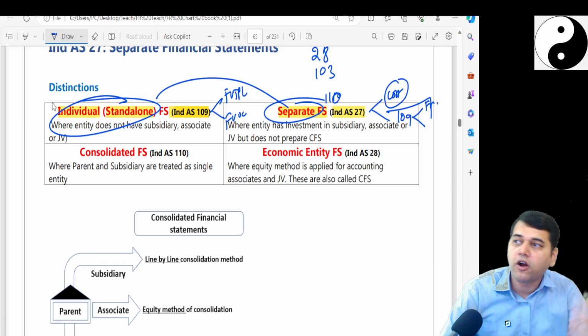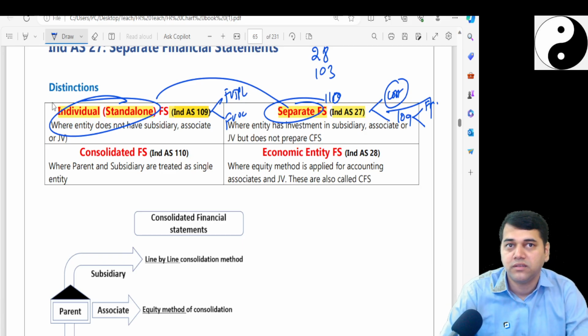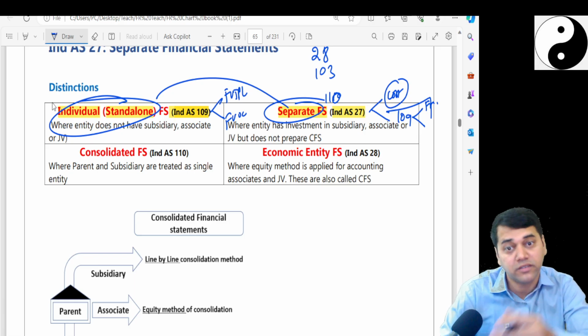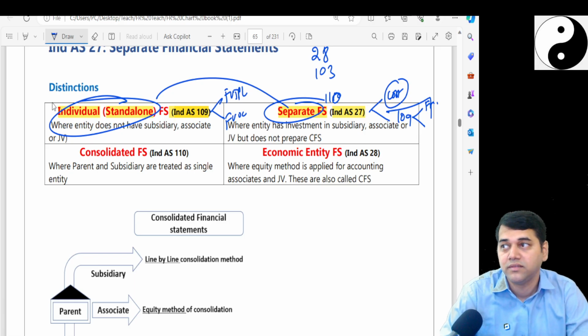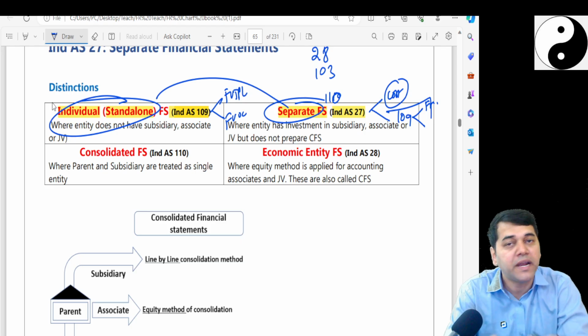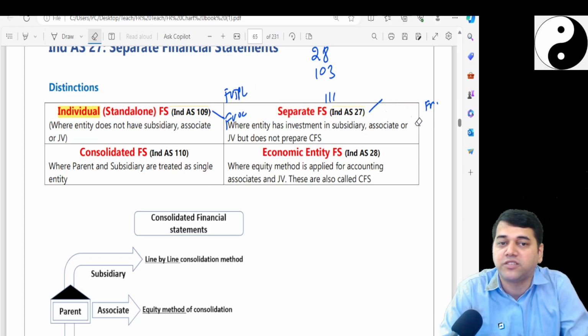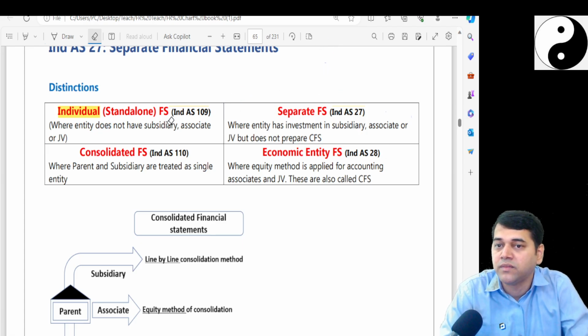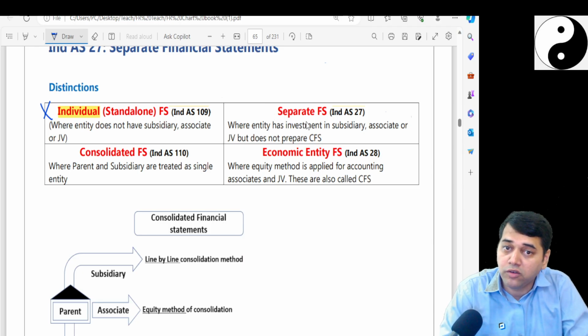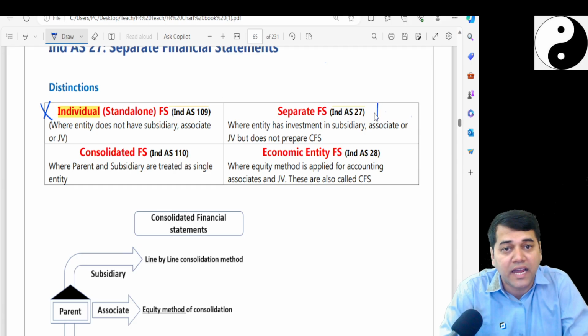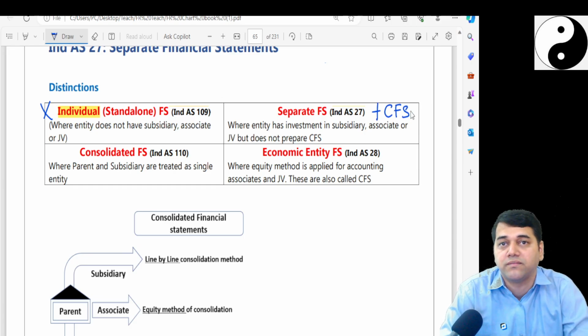But the moment you opt for cost, then you cannot say it is a standalone; it is separate, and it is prepared by a parent. Here there is no requirement to prepare any consolidated financial statement. Do I have any requirement to prepare a consolidated statement here? No. But here, along with the separate financial statement, I have to prepare a consolidated financial statement, CFS.